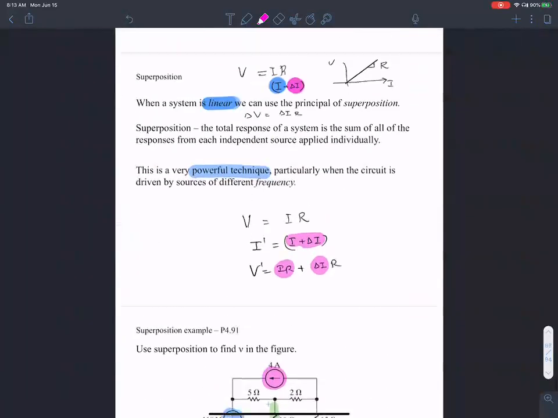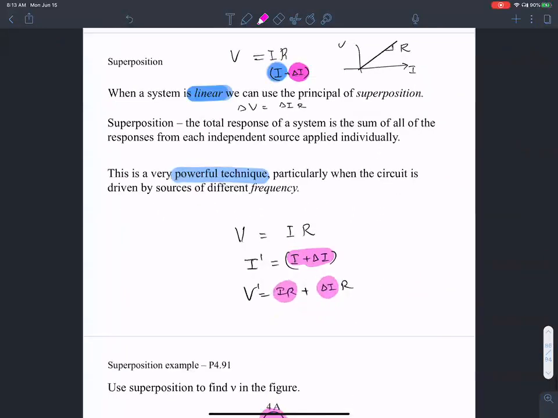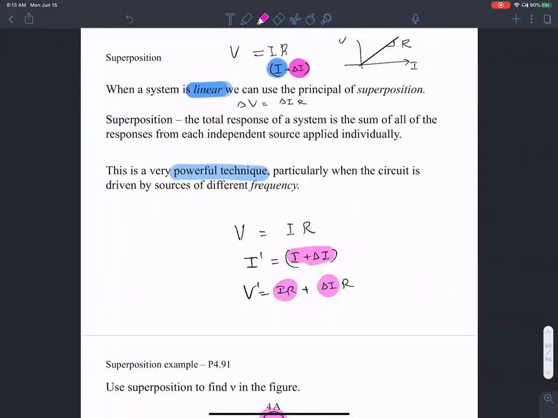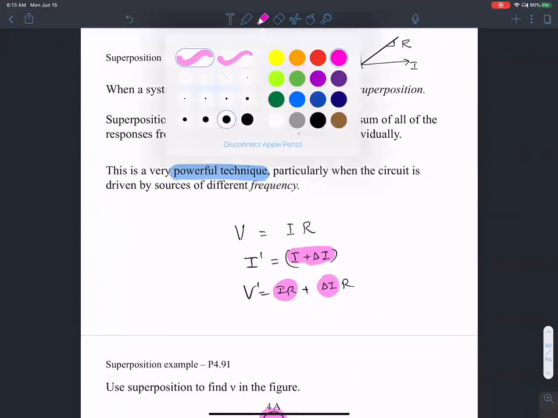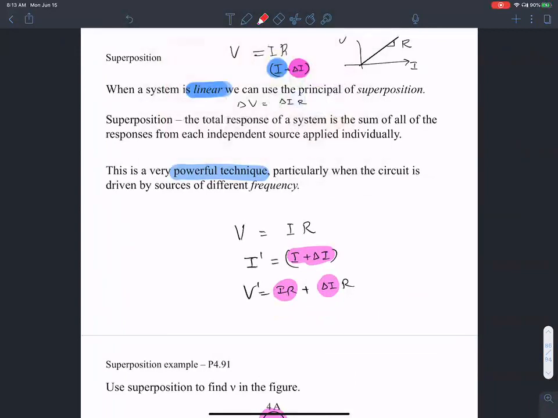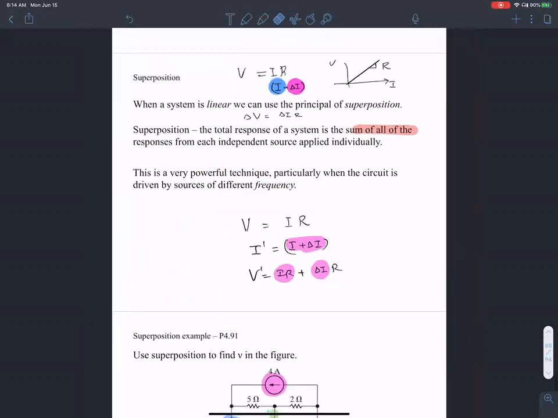Let me see, this is a very powerful technique. The total response of a system is the sum of all the responses from each independent source applied independently. Okay, so that's the idea of superposition.